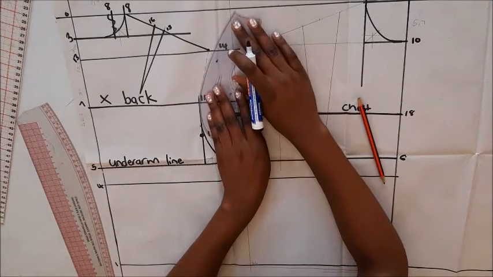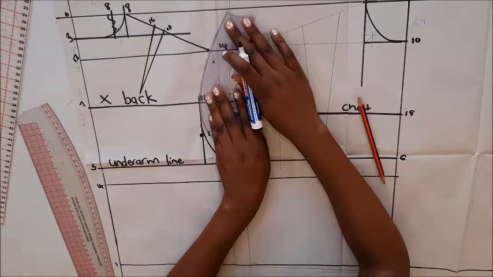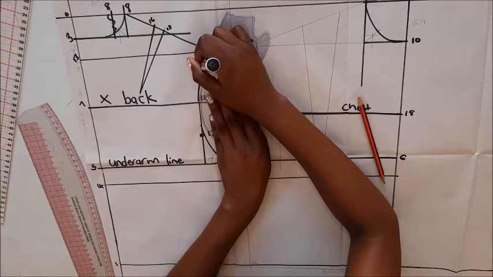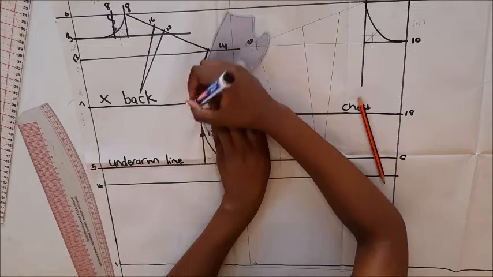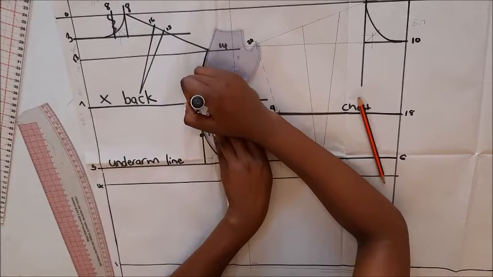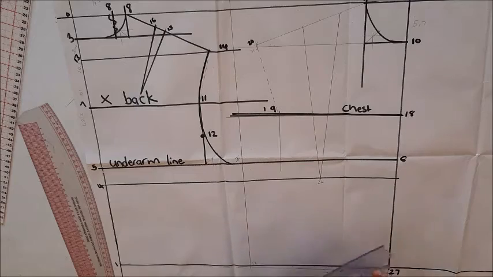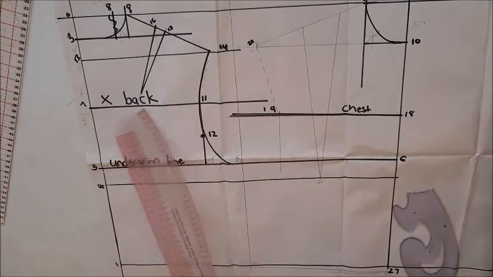And then I went in and curved it over there at the top as well, just to get a nice smooth curve of an armhole. And there you guys, you can already see my back bodice forming.